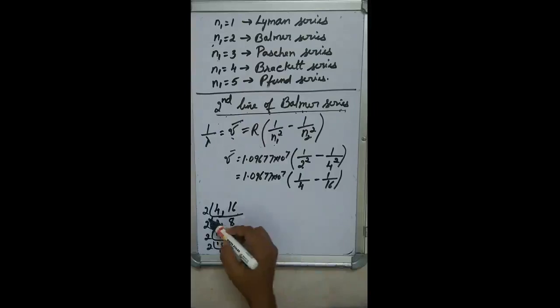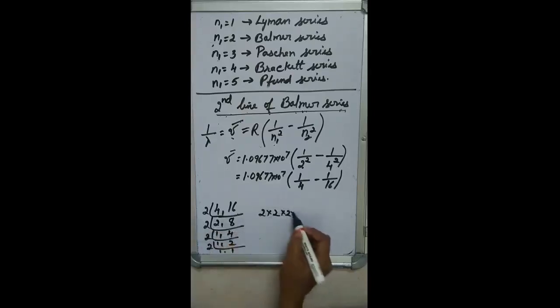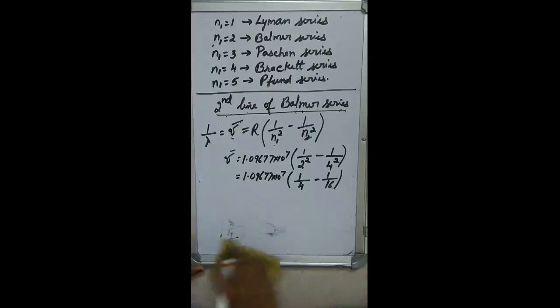This is the LCM. So 2 into 2 into 2 into 2. What is the answer you will get? 2 2s are 4, 4 2s are 8, 8 2s are 16. So 16 is the LCM.